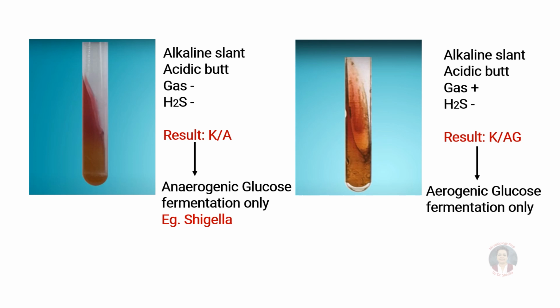Aerogenic glucose fermentation only. So in both these results, you can see that acid has been produced in the butt. Once the glucose got consumed, since the bacterium did not have the lactose or the sucrose operons, it shifted onto utilizing peptones along the agar slant. So alkaline conditions in the slant and acidic conditions in the butt are seen.